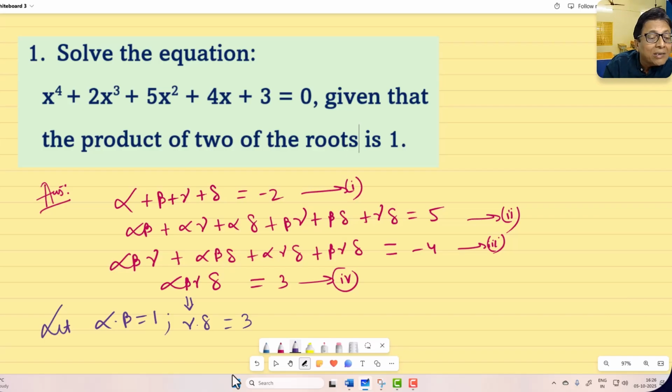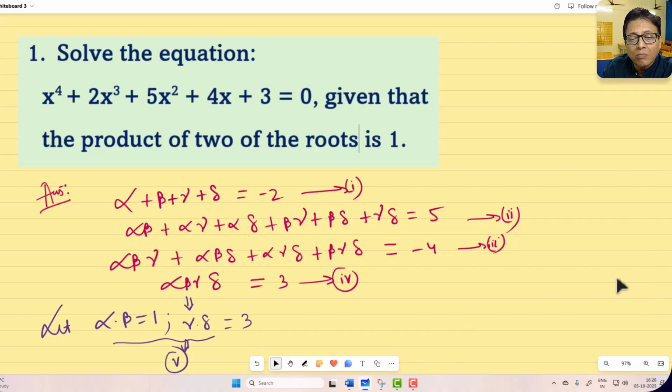It is not necessary to take alpha, beta, gamma, delta in this order. You can take alpha, gamma, then beta, delta, or alpha, delta, then beta, gamma, it doesn't matter. So once you get alpha into beta equal to 1 and gamma into delta equal to 3, take this condition as number 5.